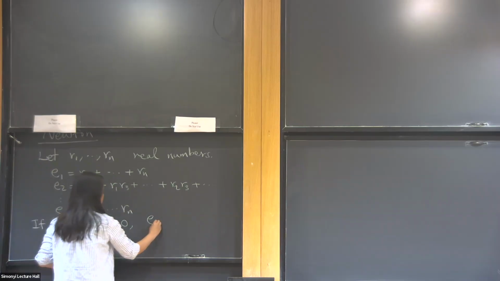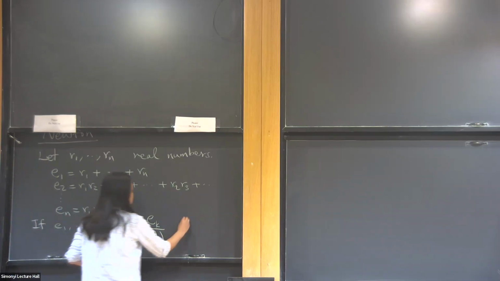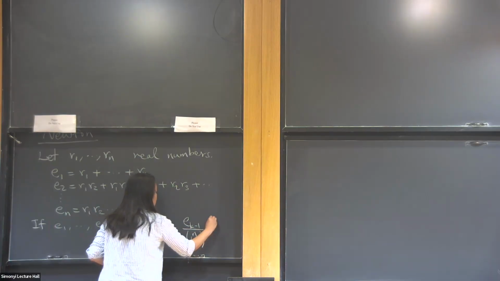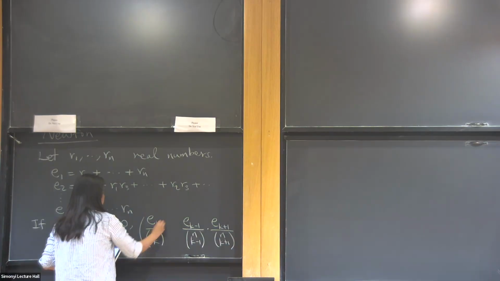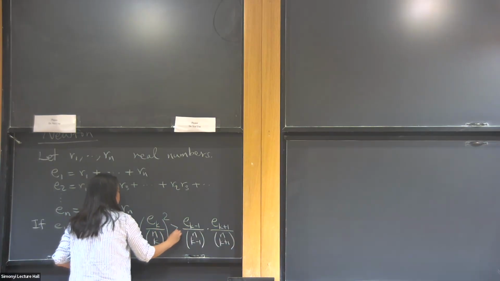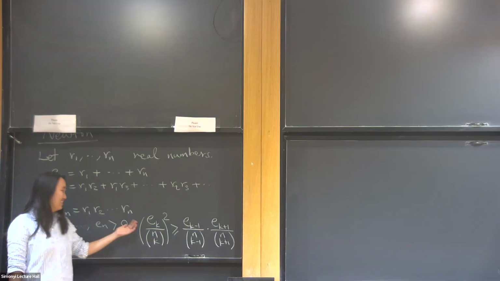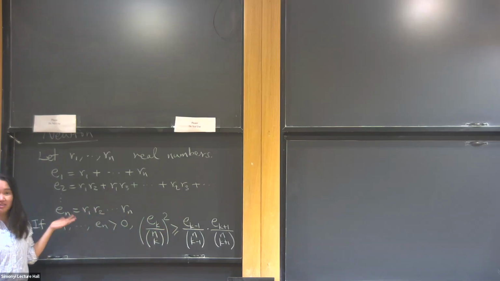You look at ek divided by n choose k, and you compare this to ek minus 1 divided by n choose k minus 1 times ek plus 1 divided by n choose k plus 1, and we have this type of inequality. Because when all the r's are 1, then this is 1, obviously true. But you're going to prove this in the exercise.